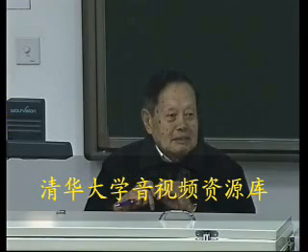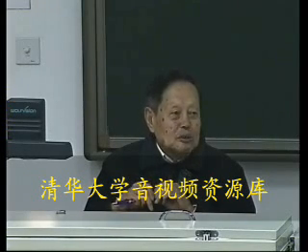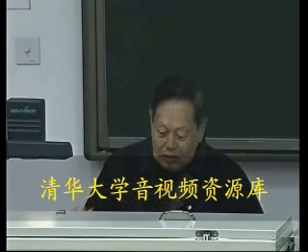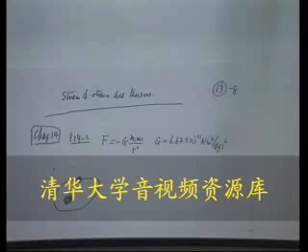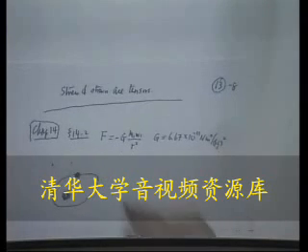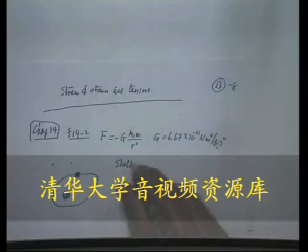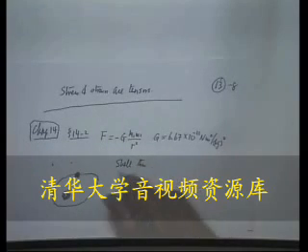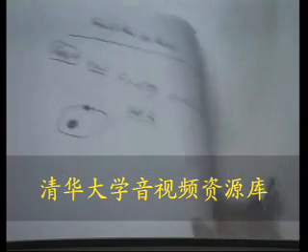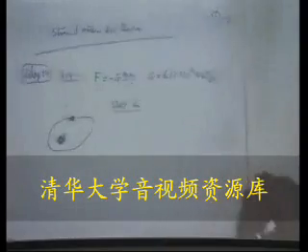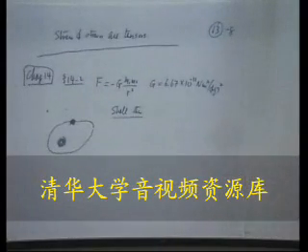So Newton knew that. And Newton wanted to show that the big sphere attracting the small sphere gives you the same result as 2 points attracting each other. And that's the theorem called the shell theorem.